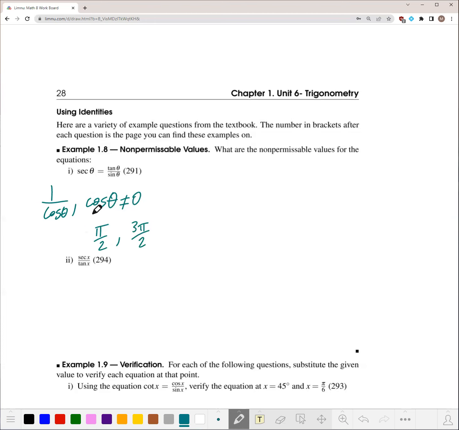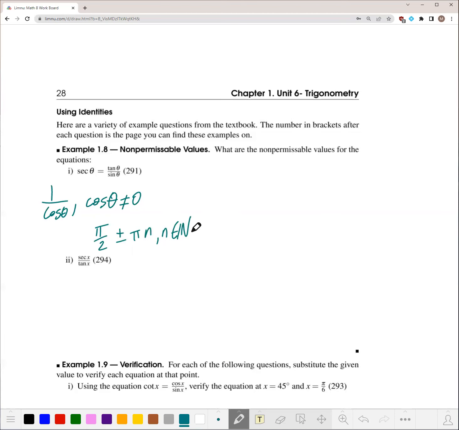So these are non-permissible values because they'll create that. Now, they're asking in general form here, I guess. So we could say either of these, or actually, here's a cheeky way I could say it: plus or minus pi n, where n is an element of our natural number group.